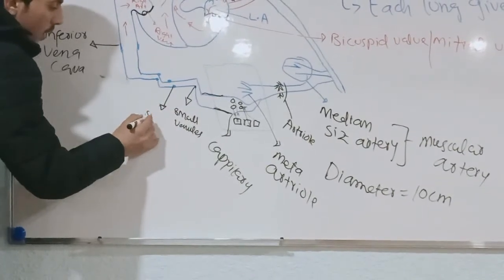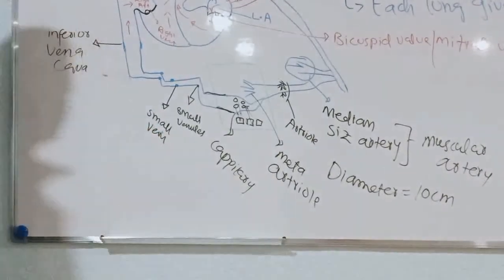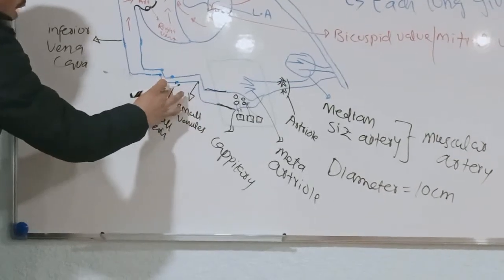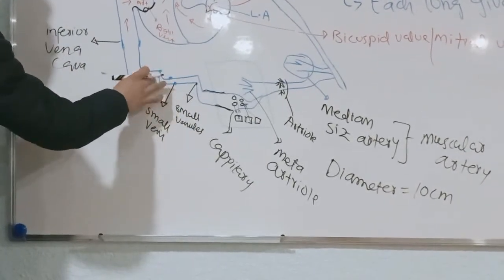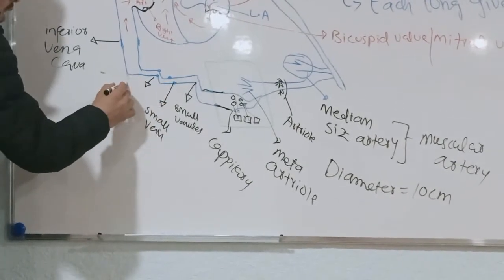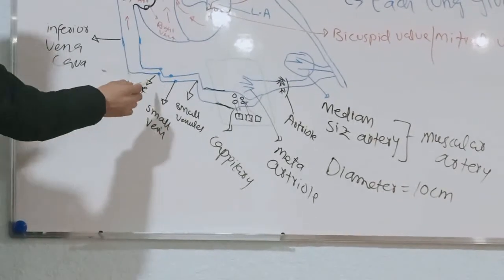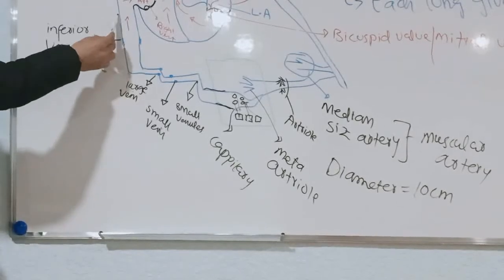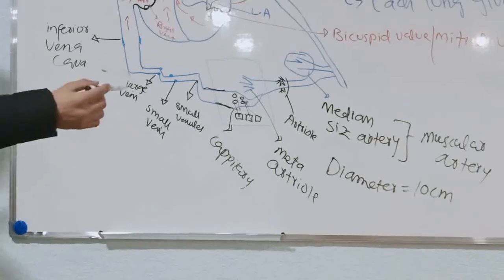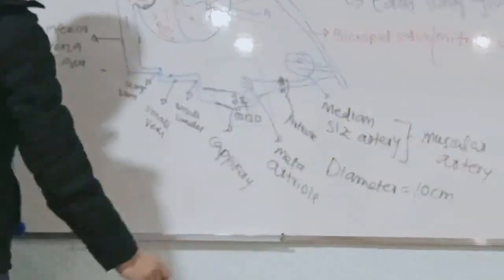This is a smaller vein. The small veins will drain the metabolic waste into large veins. And the large veins include the superior vena cava and inferior vena cava. And now the blood will go to the right heart, and this process will begin again.